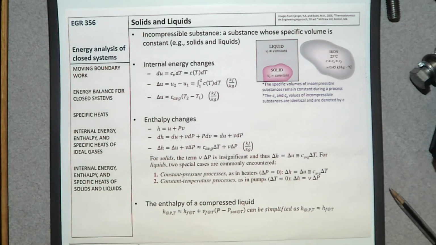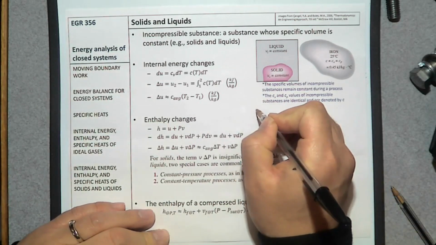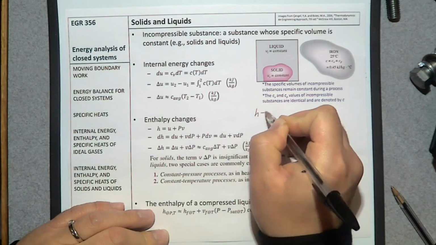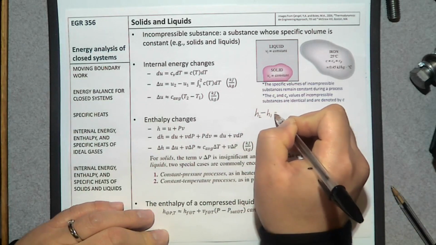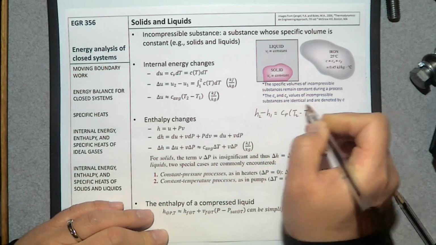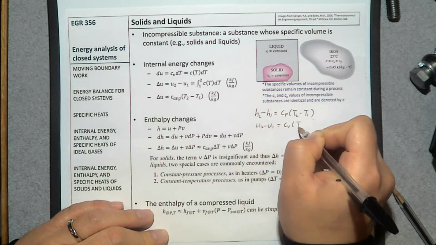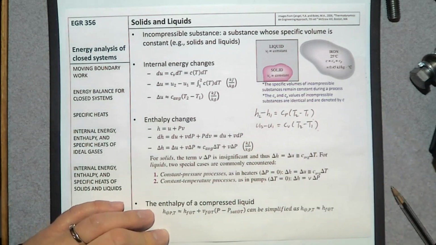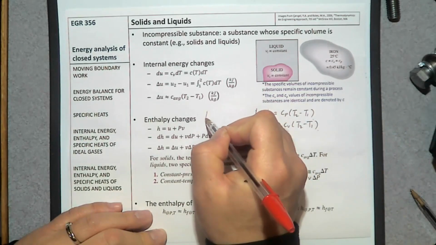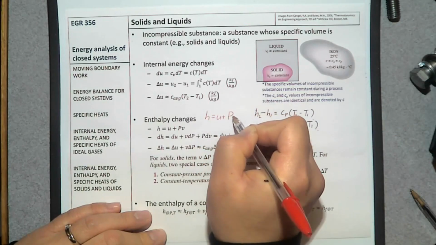The only difference is that previously, to use specific heat, these are the equations: H2 minus H1 is Cp times T2 minus T1, and U2 minus U1 is Cv times T2 minus T1. The difference between H and U is that the definition of H is U plus PV.